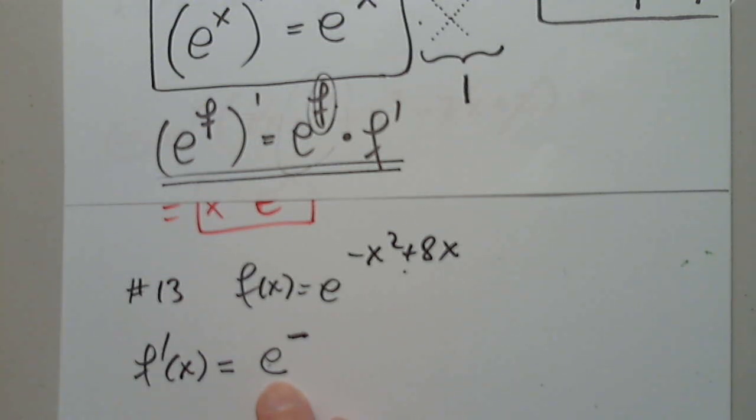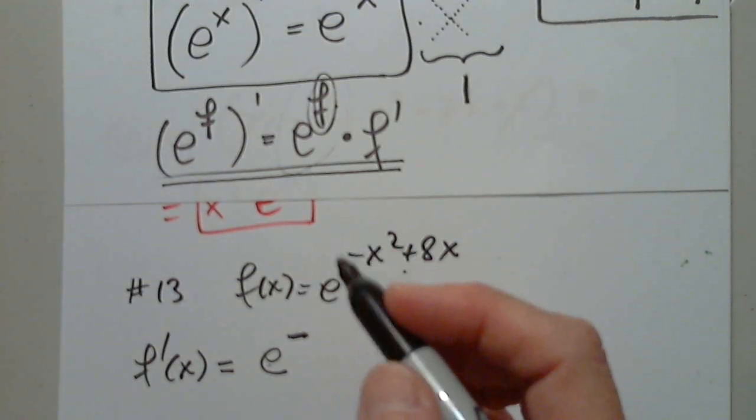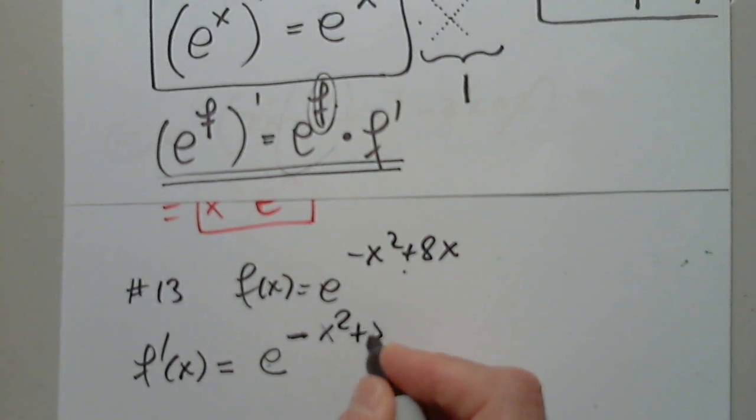I don't know what to correct if nobody says anything. So please, let's move on. How do I write e to f? Anyone? Don't be shy, please. How do I write e to f? Negative x squared plus 8x. Yes.